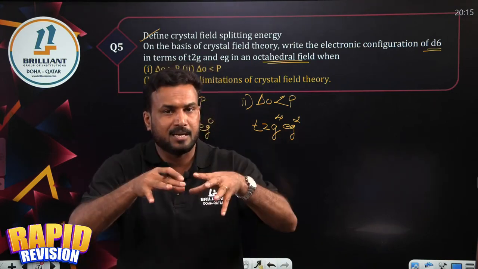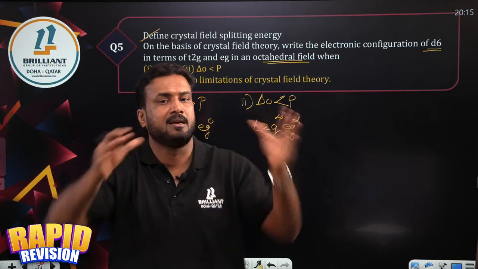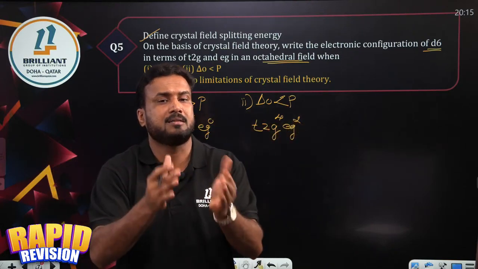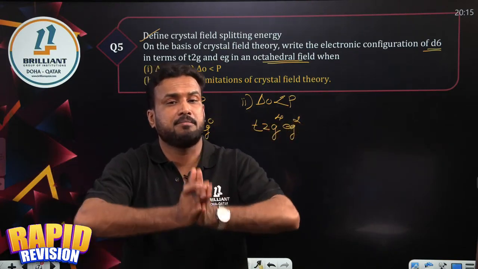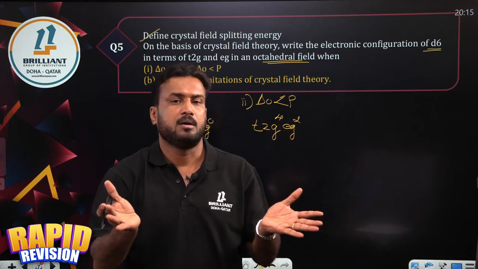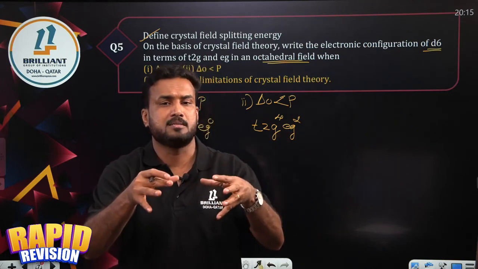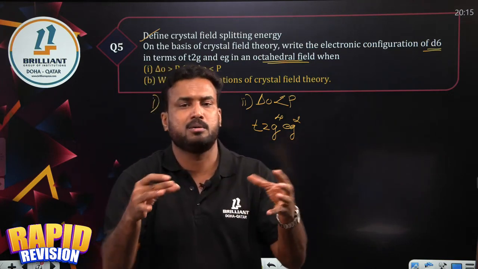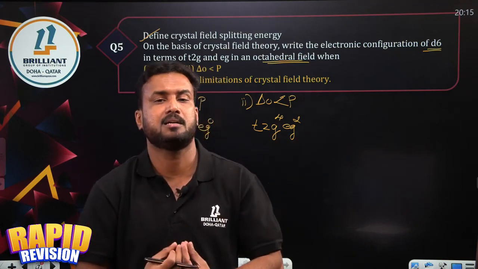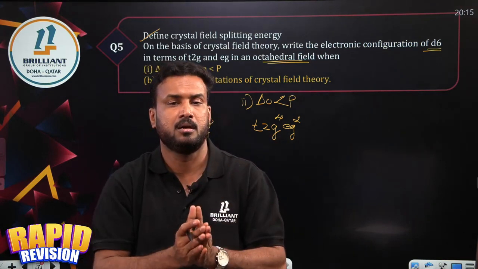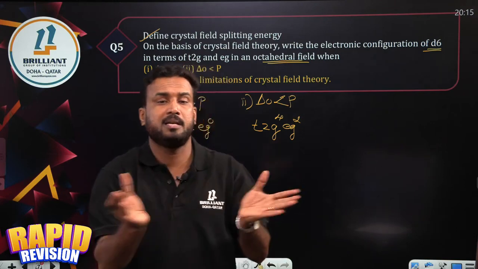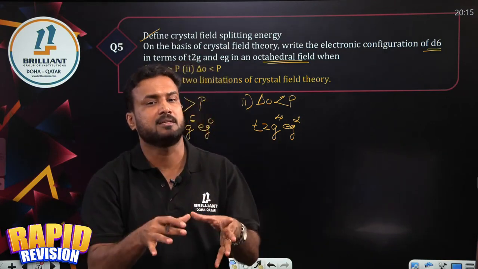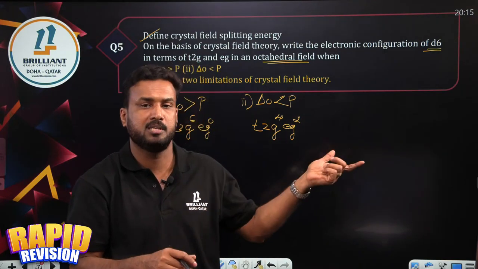If negatively charged ligands approach, they create a very strong electric field, so the crystal field splitting should be more, unlike neutral ligands, which are neutral in charge and cannot create that much splitting. That is the logical thing according to this theory.